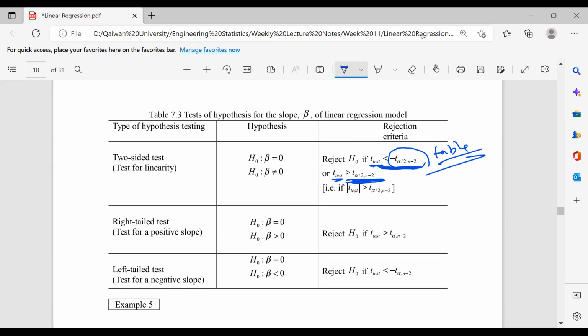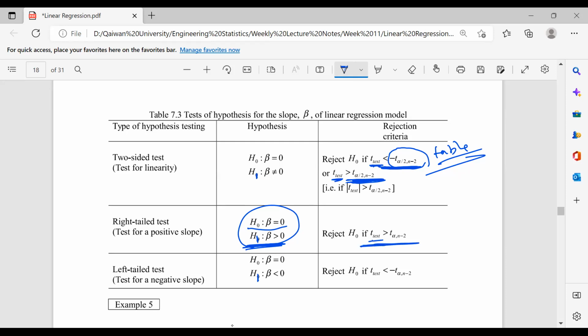Then, if the hypotheses are like this, H0 is beta equals 0 and H1 is beta greater than 0, we have only one interval of rejection.